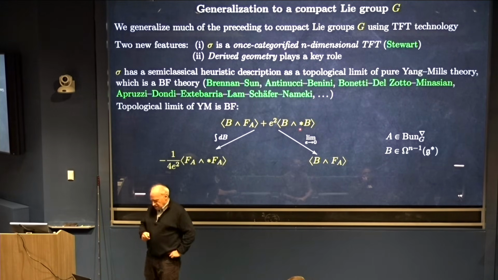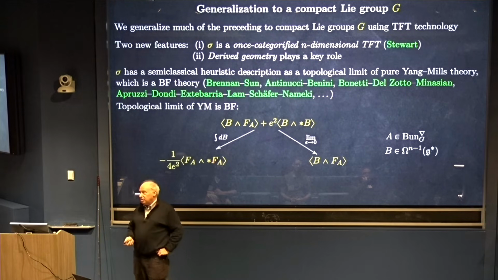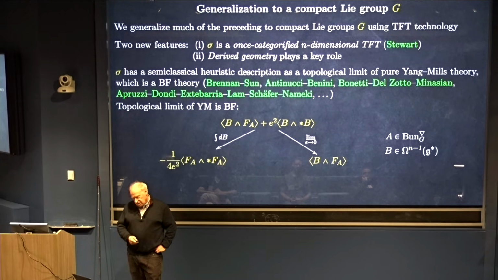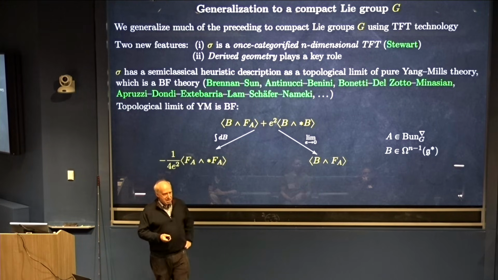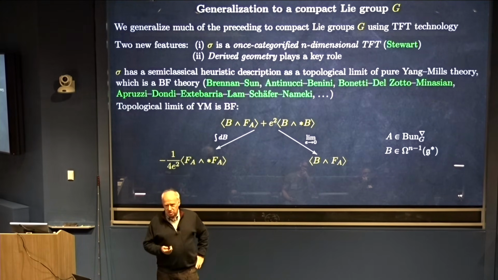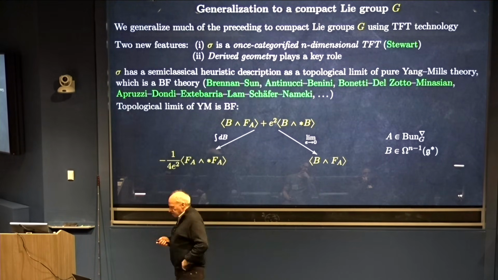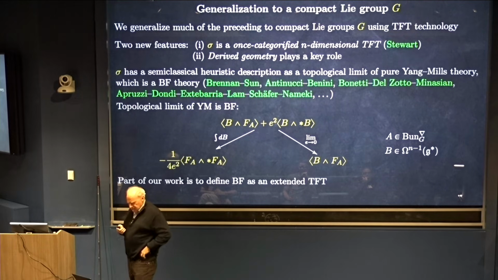But we can integrate out B, as he did, and see that this is the standard Yang-Mills theory with this coupling constant. On the other hand, if we take e to 0, then this term just disappears, and what's left is the Lagrangian of what's called BF theory. And notice the metric dependence also disappears, and so heuristically at least we have a topological field theory.